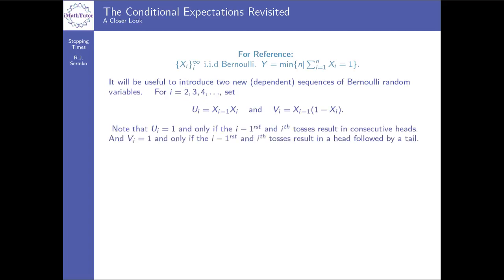So in summary, we know that u sub i equals 1 if and only if both the i minus first and the ith toss result in heads, and v sub i equals 1 if and only if the i minus first and ith toss result in a head followed by a tail. The new sequences are used to define two sets of random numbers, just as we did for the geometric.